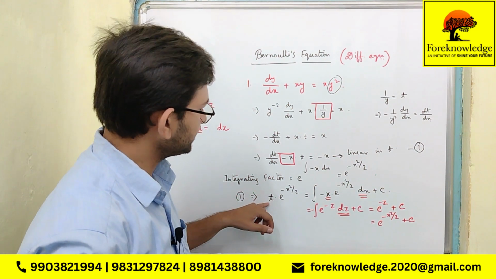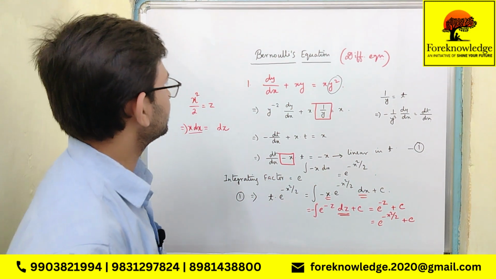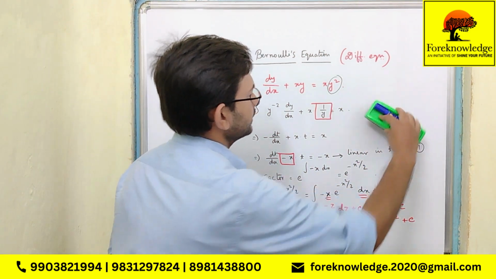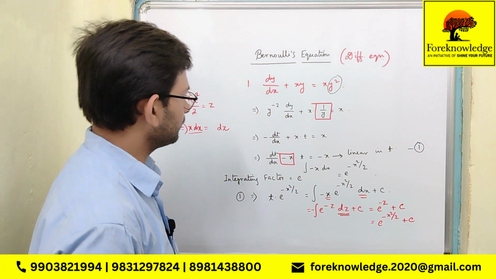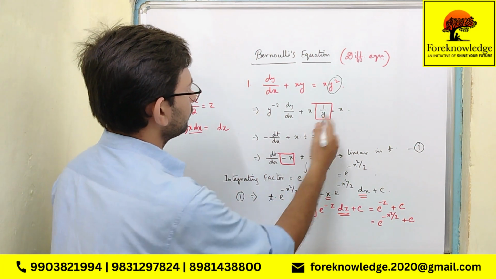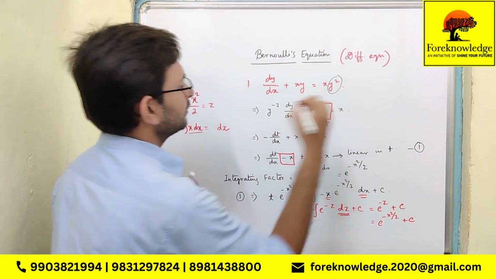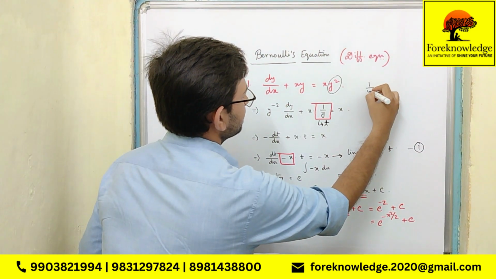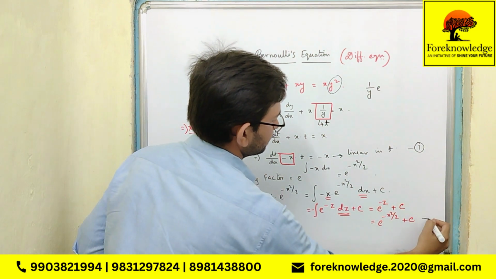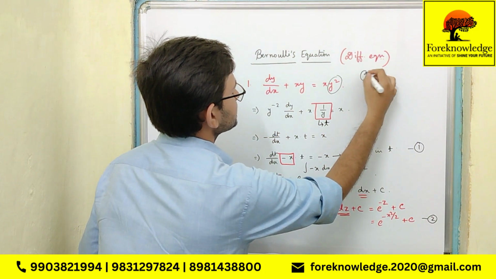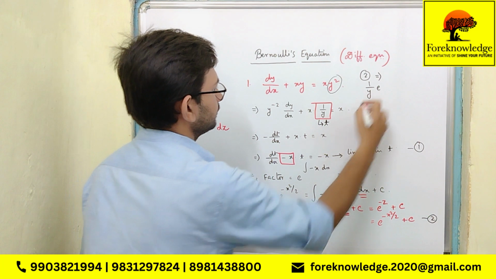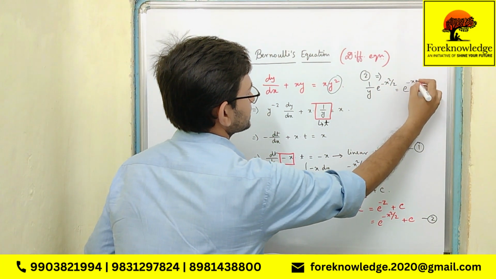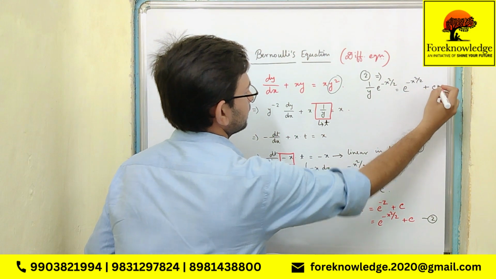Fine. Now we replace t and get the final result. I am going to write this here. So what was t? t was nothing but 1 by y. So 1 by y e to the power minus x square by 2 equal to e to the power minus x square by 2 plus c.